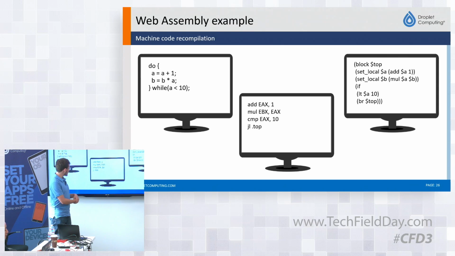So optimally, in this example, we take the native code in the middle, convert it to the WebAssembly on the right, and give this to the browser, and the browser is in turn able to generate the same native code that we originally had. So it's a one-to-one translation. The WebAssembly intermediate representation is just used for compatibility and for safety.